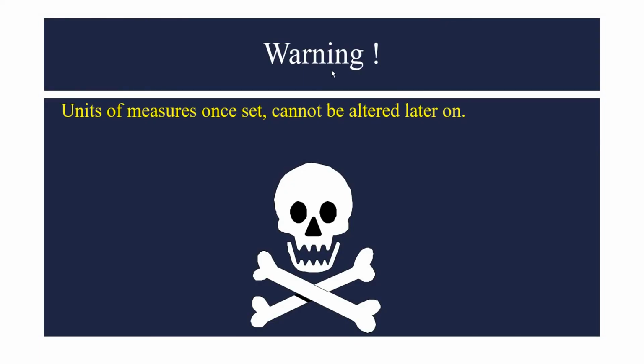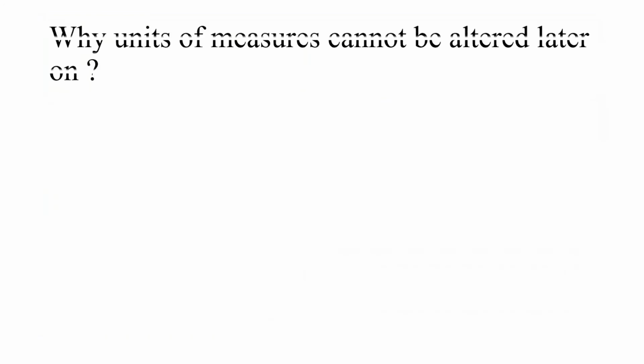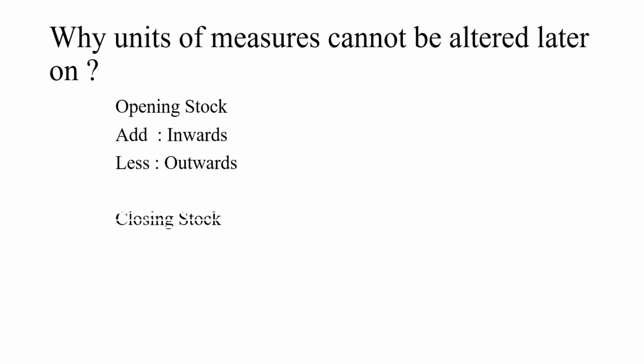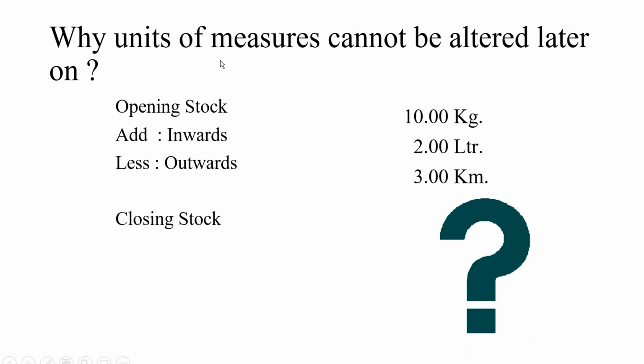We have a warning message here. Units of measure has to be set only once. It cannot be altered later on. Let's see what happens. Why can units of measure not be altered later on?